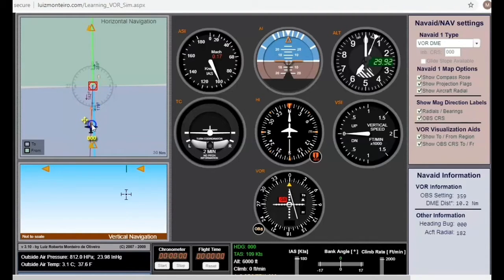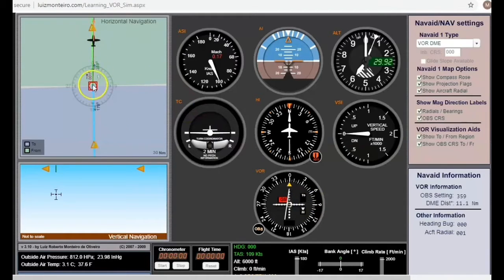When you are out here, you can move quite a bit off of the course before the needle really starts to move. But as you get closer and closer, you don't have to move very far at all before that needle is already full scale, hardly moving any at all up here, and that needle is really jumpy. As you fly past the station and continue to fly away, the needle tends to get less and less sensitive, barely moving any, because the radials are getting farther or spread more apart.